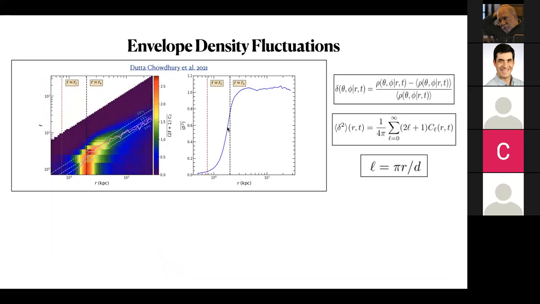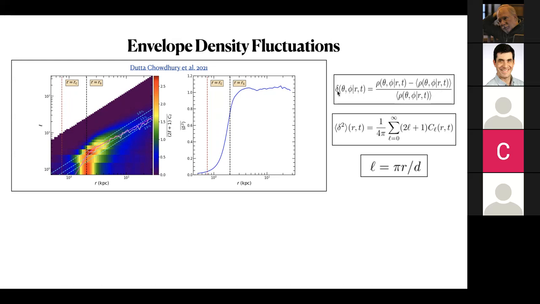We can also try to characterize the density fluctuations outside the soliton. This is a very busy plot, but I'll try to explain what I'm showing here. The way to characterize these density fluctuations is we can go to a particular radius from the center of the soliton, and look at the overdensity as a function of theta and phi with respect to the average density at that radius.